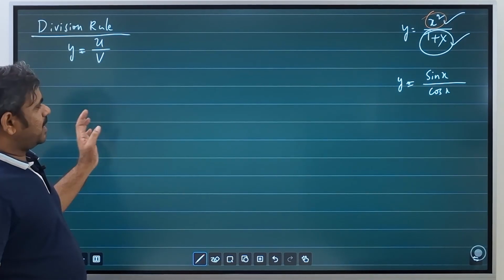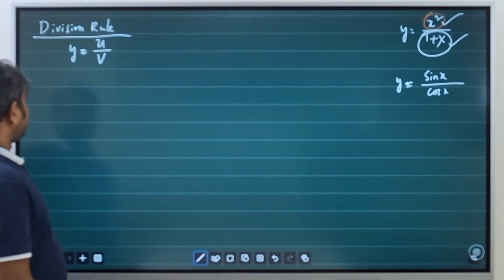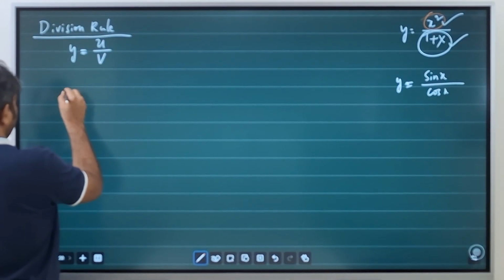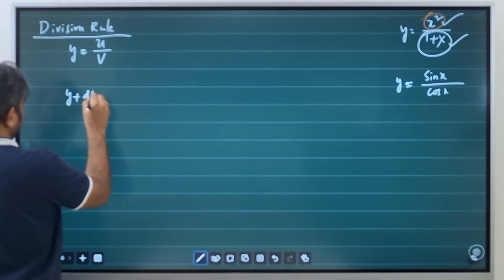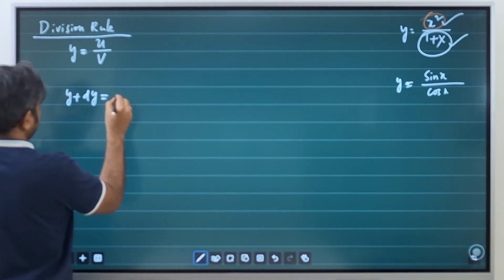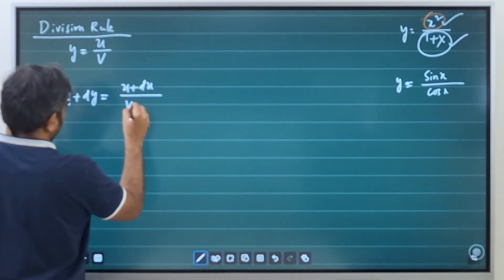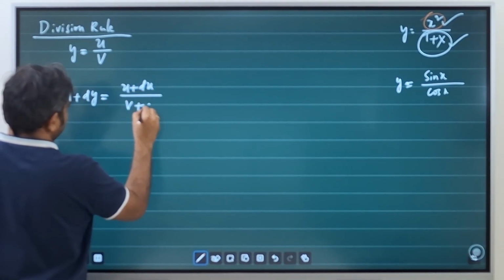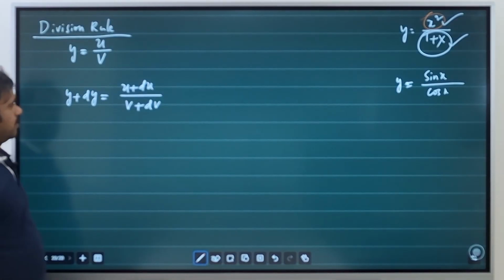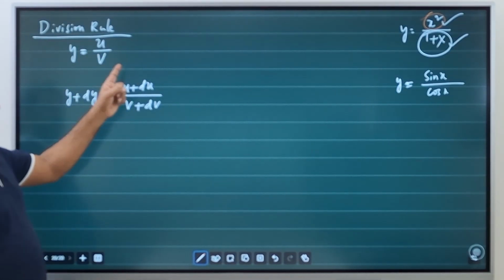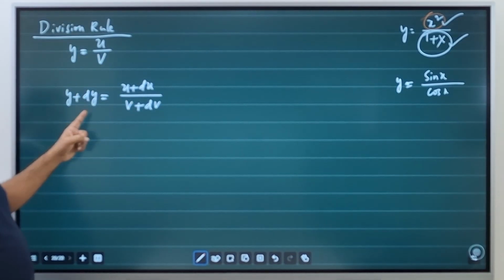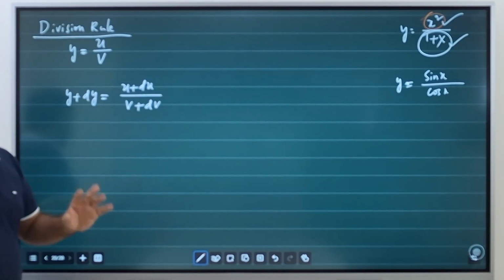So numerator is a function of x, denominator is also a function of x. How do we apply the division rule? We know y plus dy is equal to u plus du by v plus dv. So when u changes by a small amount, v changes by a small amount, y changes by a small amount, this is the relation we write.